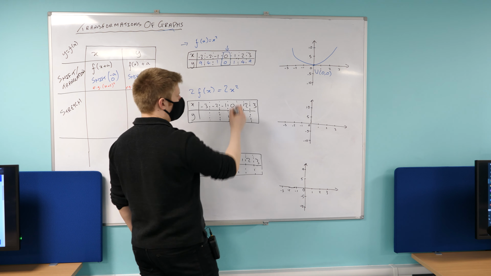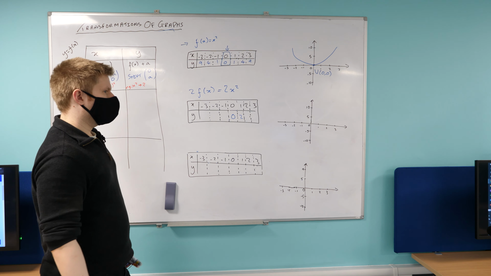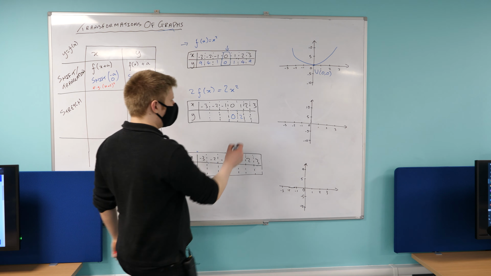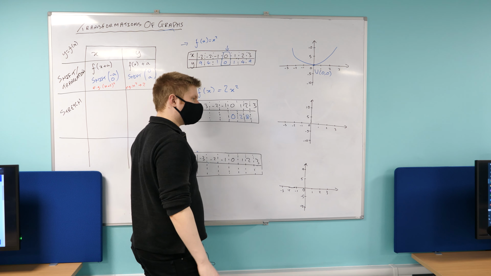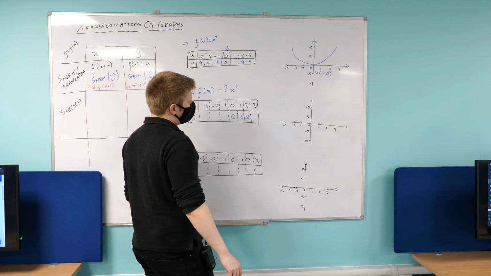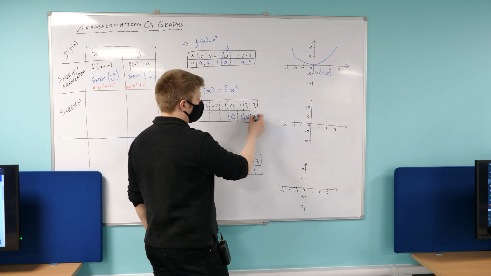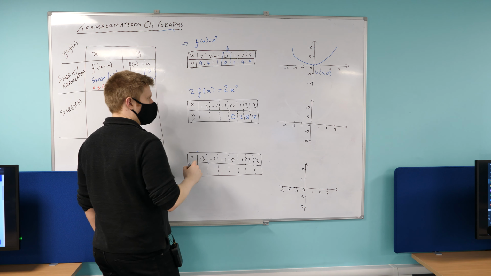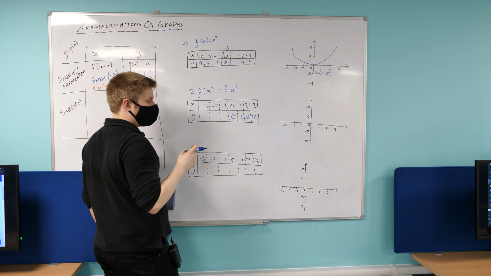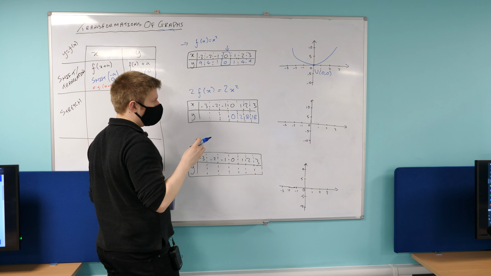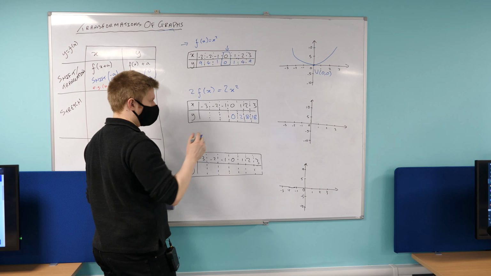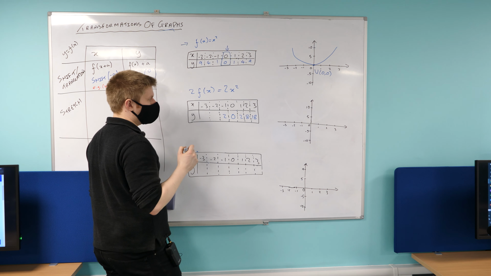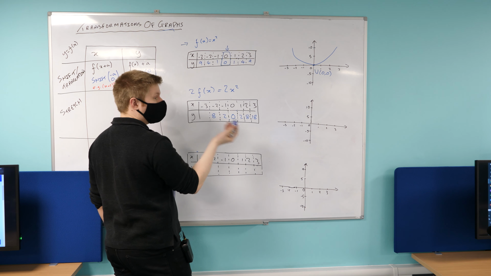If I stick 2 in this function, what do I get out? 8. Good. If I stick 3 in this function, what do I get out? 18. Excellent. And if I stick negative 1 in this function? Good. Negative 2? 8. Excellent. And 18. Good.